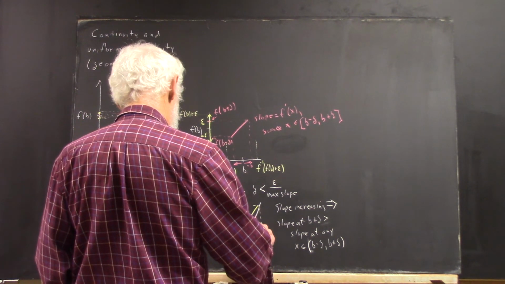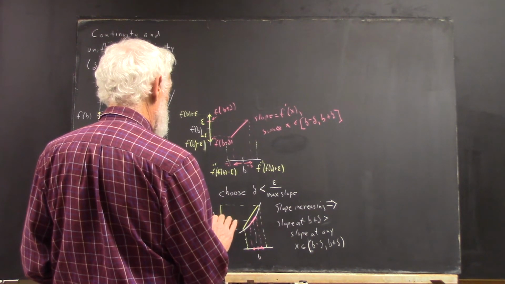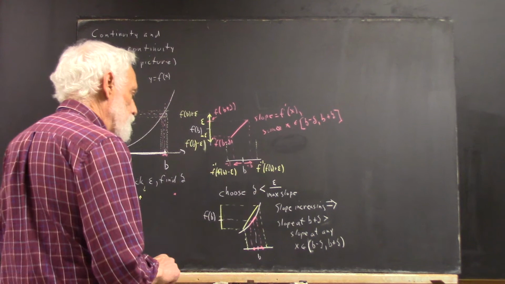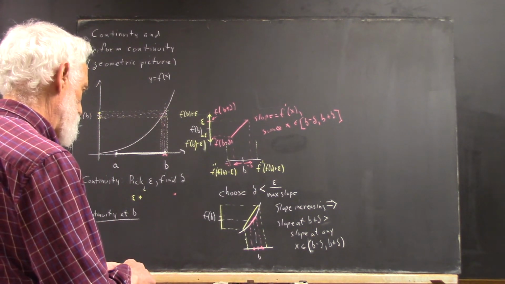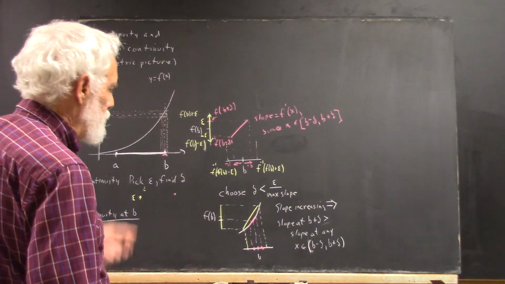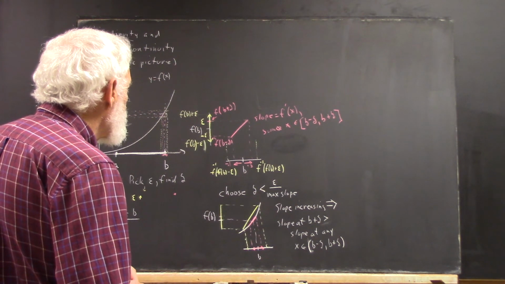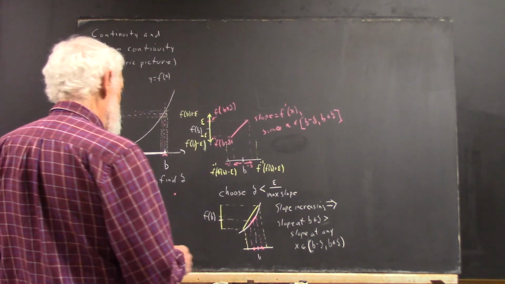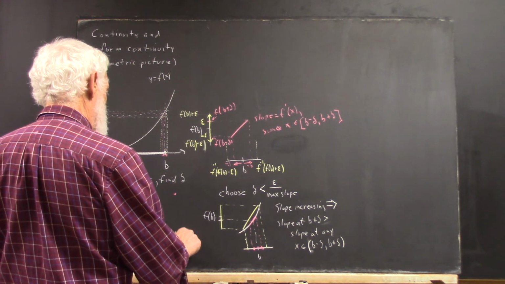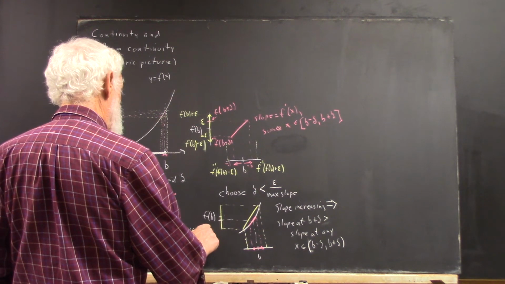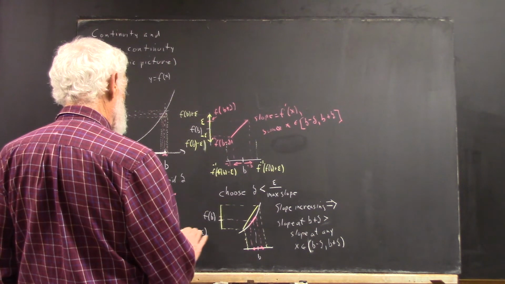and f of b, we'll put f of b here because I've exaggerated the slope, and f of b is here. Trying to say it without notation, I just about need notation. It's f of b plus delta.